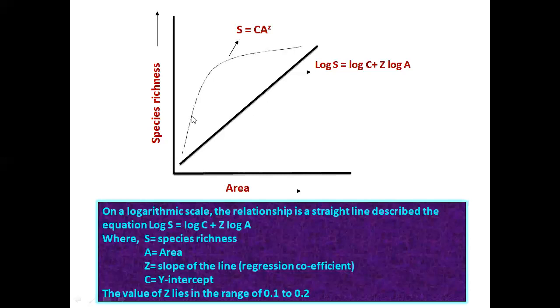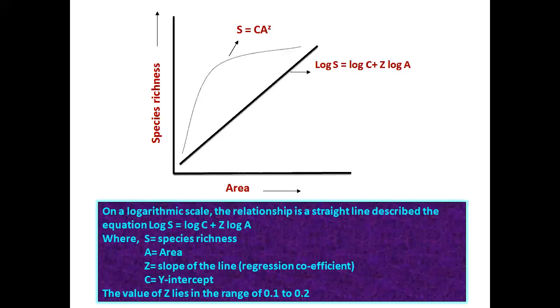So that is what he did actually. That means he made a scale. Above the scale, you are doing more than expectation. Below the scale, less than expectation. What is the scale? The optimum, that means at expectation. That expectation is S equal to CA^Z, that standard scale.